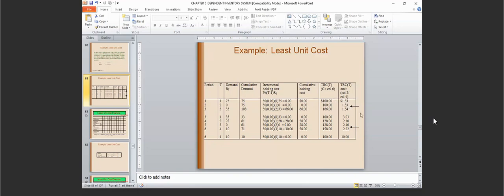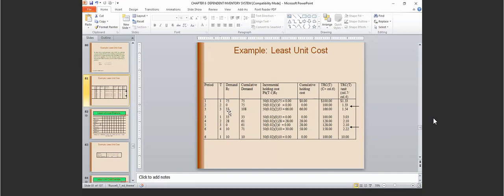Because there is no increment in the total relevant cost per unit, we include more periods in our analysis.